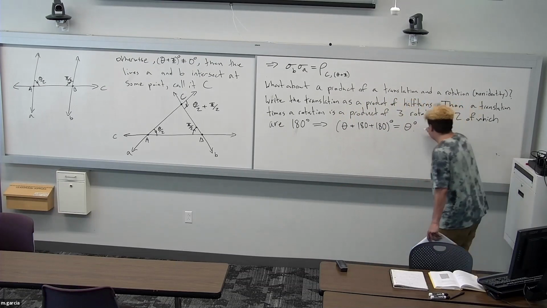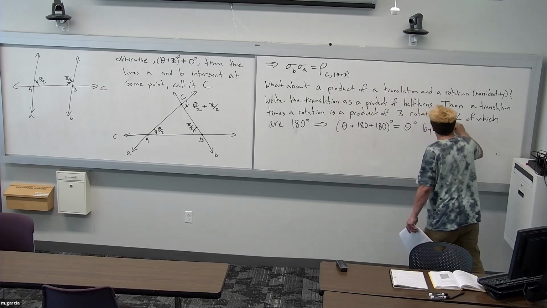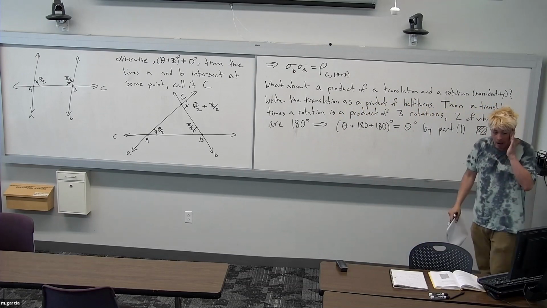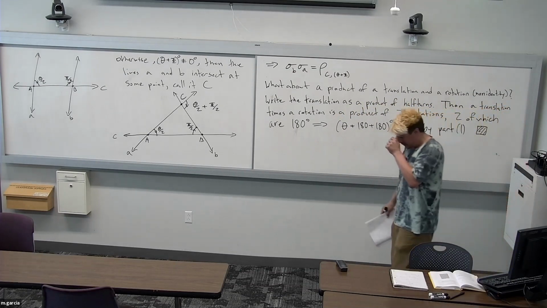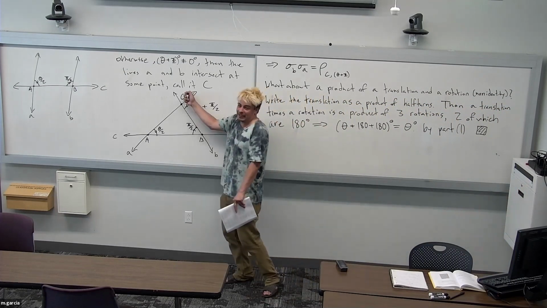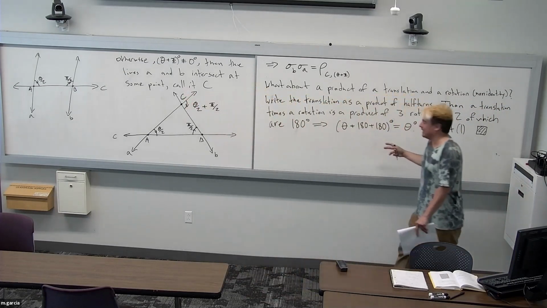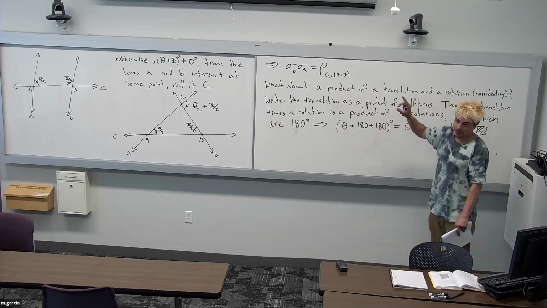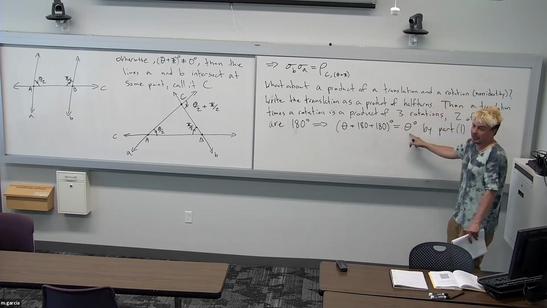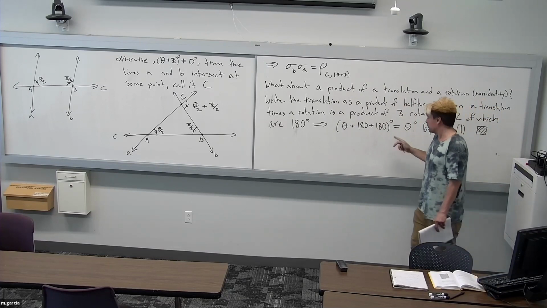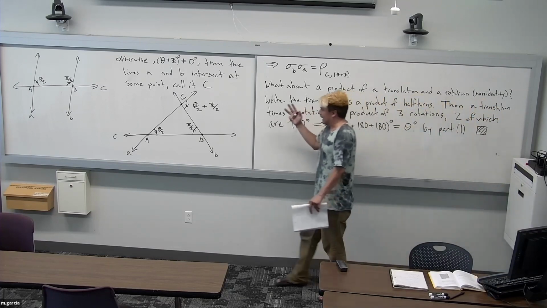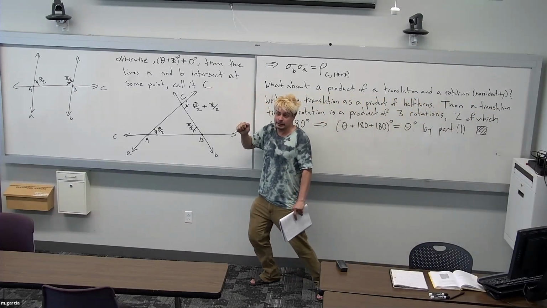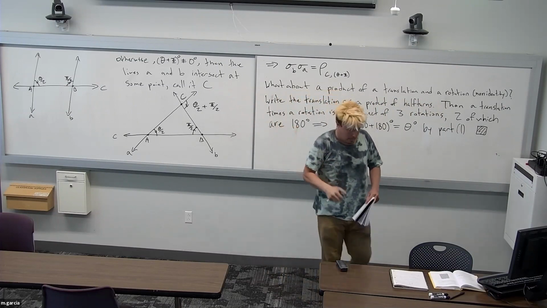I should say by part 1, we had to identify a new center. But actually it's just angle arithmetic that shows that you can take a translation and a rotation in either order, and you still get a rotation by theta. Of course, I didn't explicitly construct the center, but it's just the same procedure that we did in one.